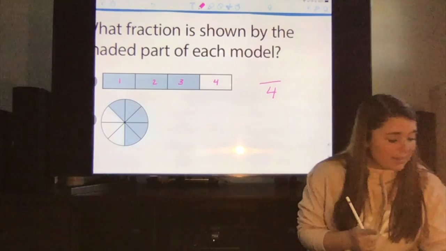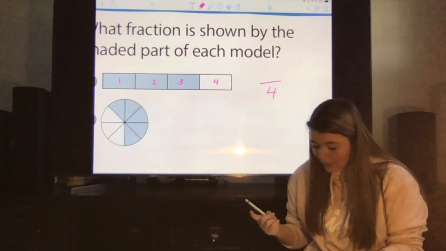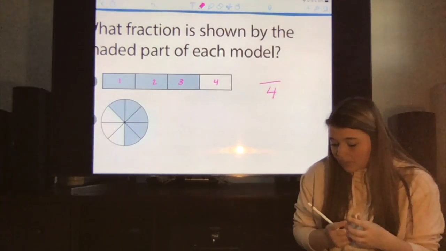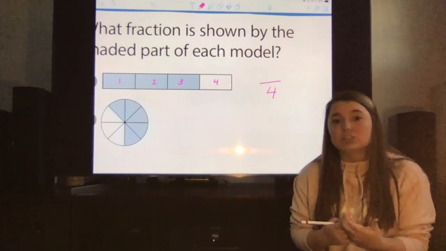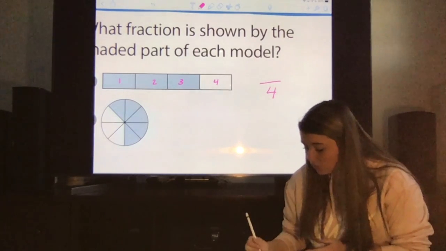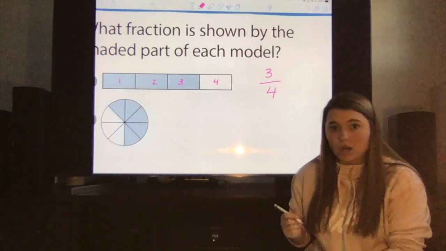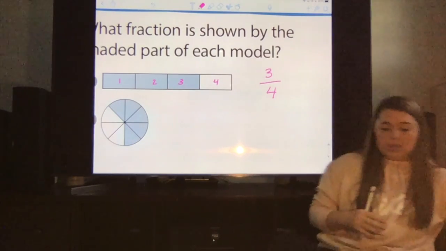Then I know by my definition in my dictionary that the number of parts that we are looking at or describing is going to be the numerator, and that's going to be the number that is shaded. I see here that numbers 1, 2, and 3 are shaded, so I know 3 out of the 4 are shaded, and the fraction that is being shown.